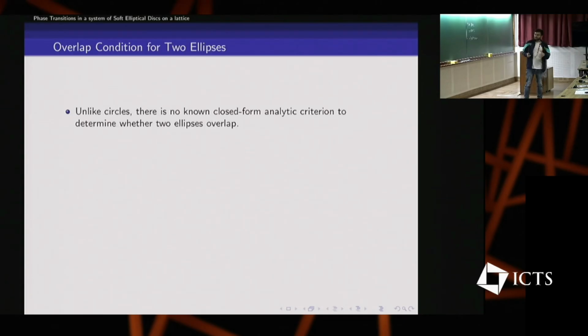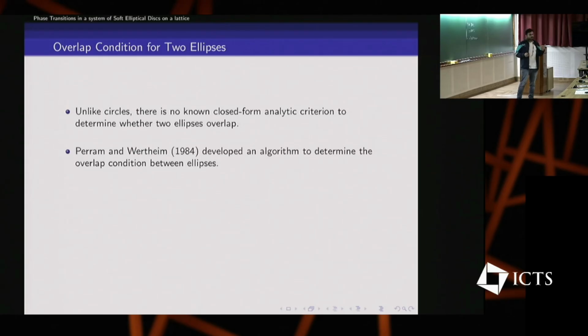So what is this overlap condition? Unlike circular disks, there is no clean analytical formula for whether two ellipses overlap or not. In the literature, I found a work by Perram and Wertheim in 1984, where they developed an algorithm to find out whether two ellipsoids overlap or not.